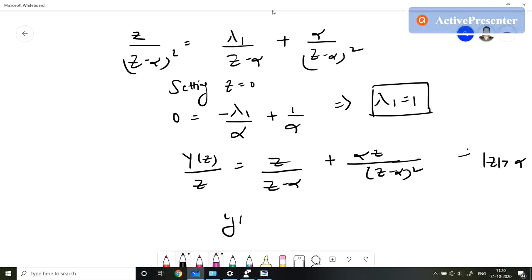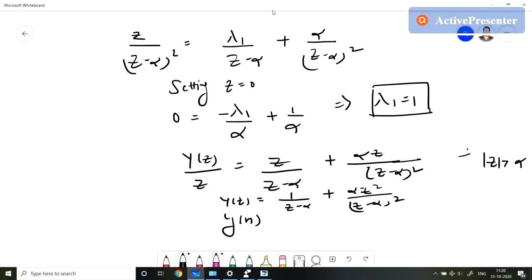So we can find Y(z) as 1 divided by z minus alpha plus alpha z square divided by (z minus alpha) square.